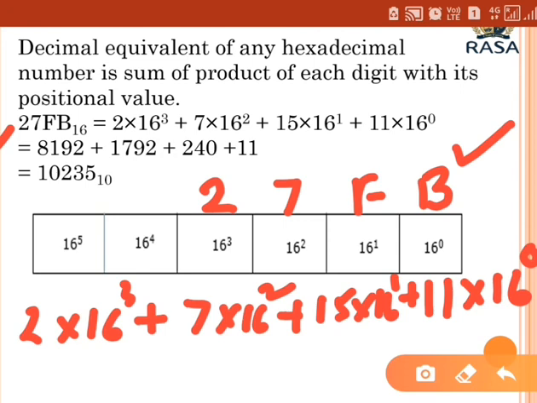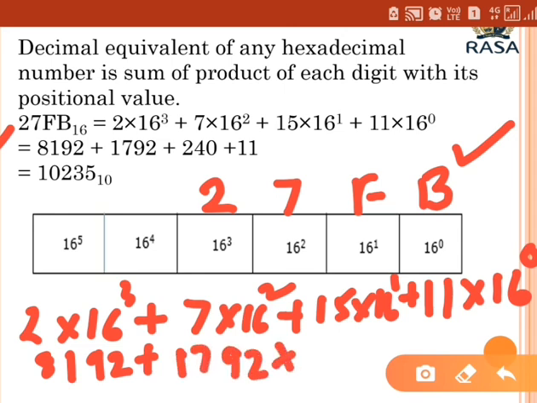So it is 8192 plus 1792 plus 240 plus 11.